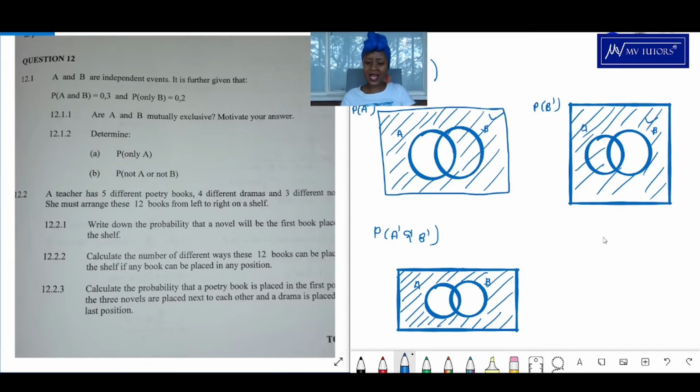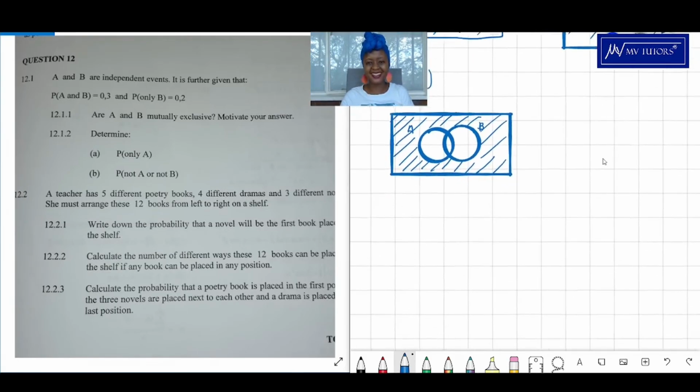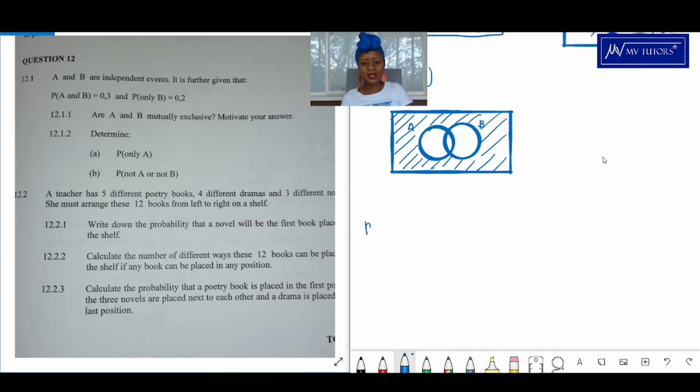Okay, so now, the probability of not A and the probability of not B. So what happens, which is our question now, when you have the probability of not A or not B? Here we had and, but now we're looking at or.